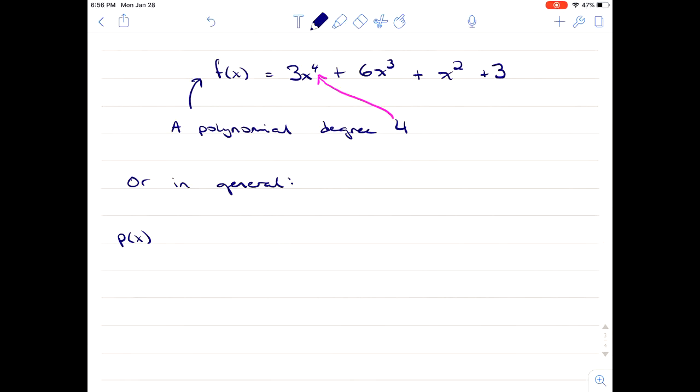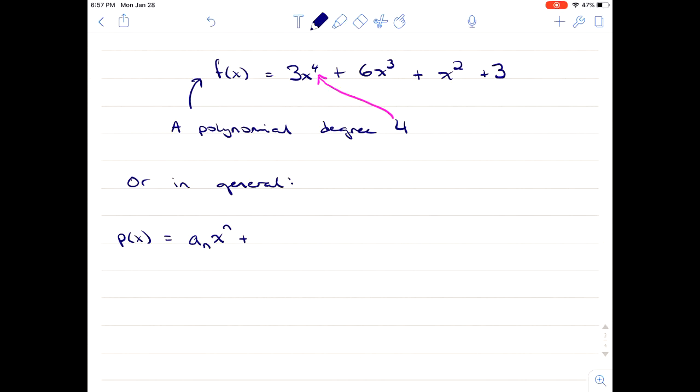And so in general, what I can write is something like a subscript n times x to the n, because in general, I'm leaving room for n degrees. Could be 100, could be 50, could be 10,000. That'd be tough though. Okay.